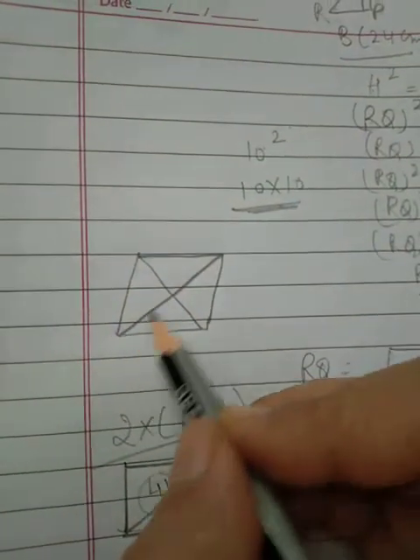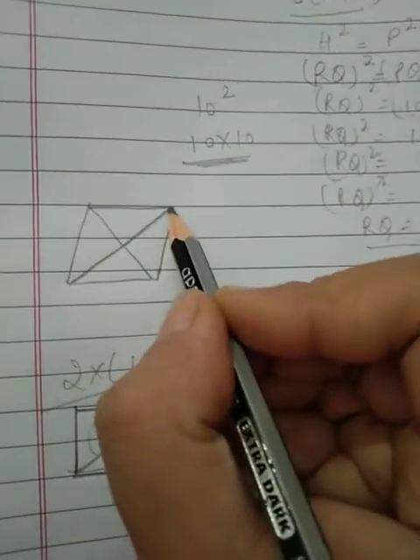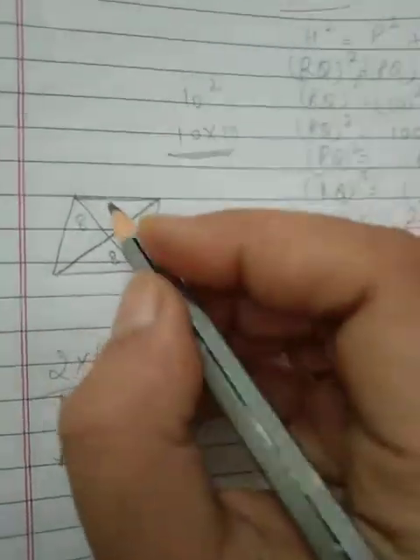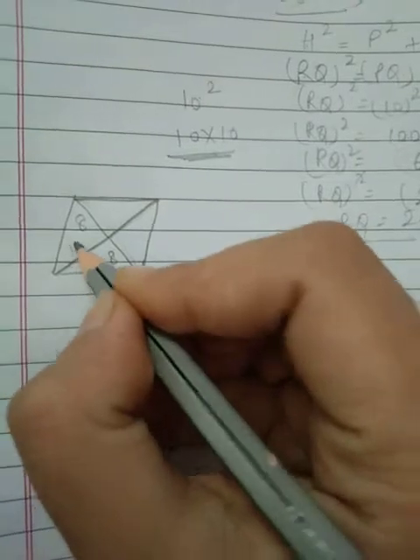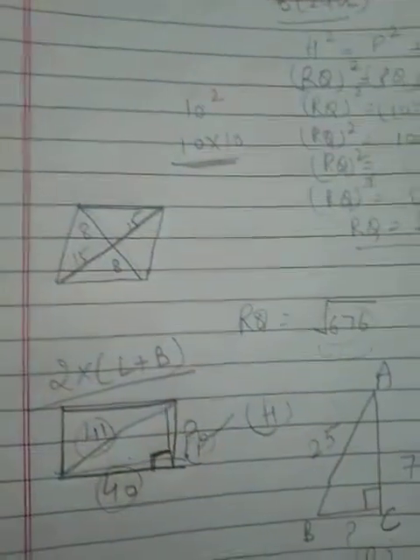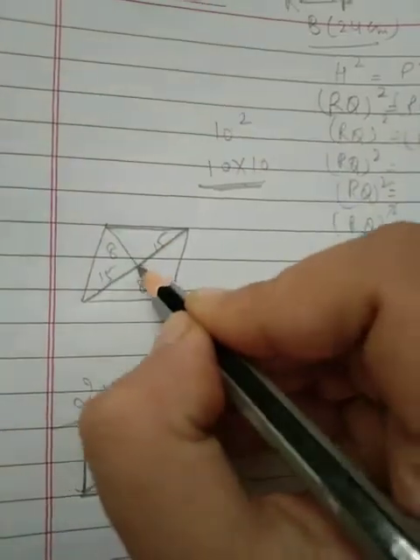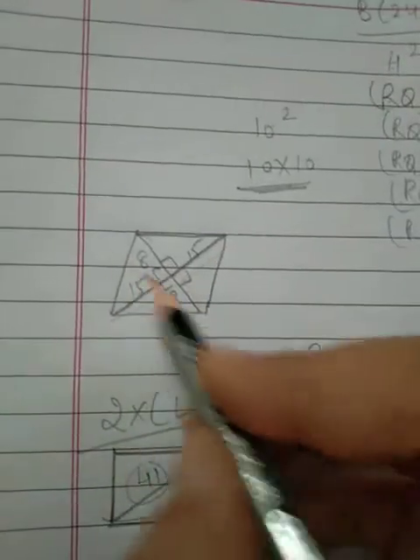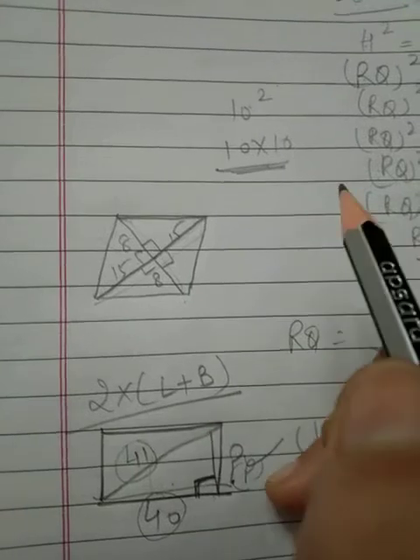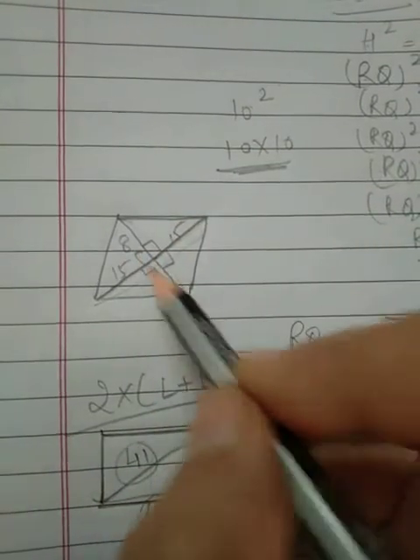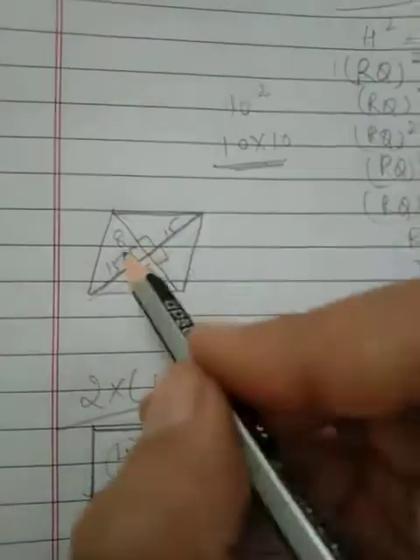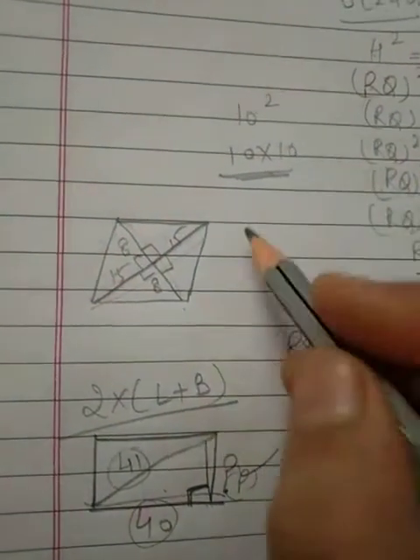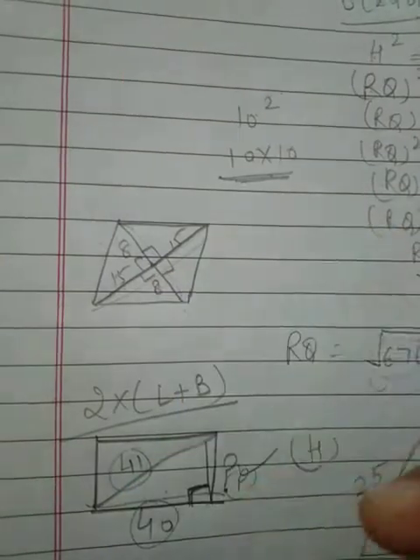Okay, if this is completely given to you, 16 and 30, this is 16, so 8 8, this is 30, so 15 15, simply. And they are at 90 degrees. So diagonals of a rhombus bisect each other, cut in halves and at 90 degree.